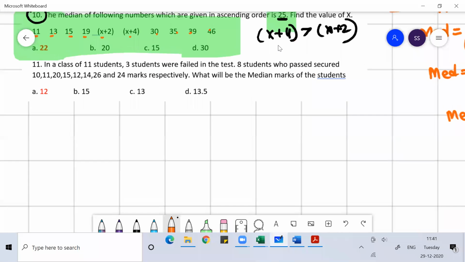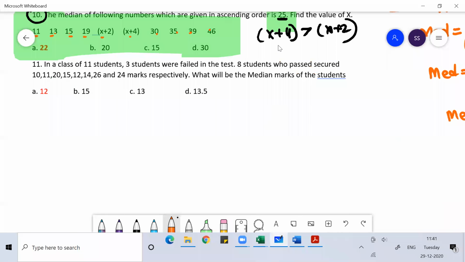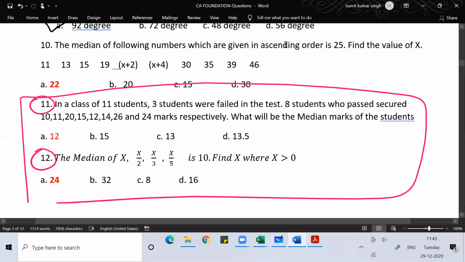You should get the answer 12. You can also try question number 11 and 12; that will be your assignment. In case of doubt, let me know, and we'll discuss these questions in the next class.